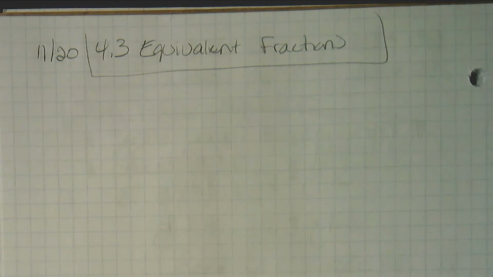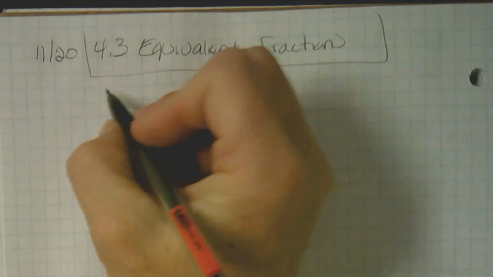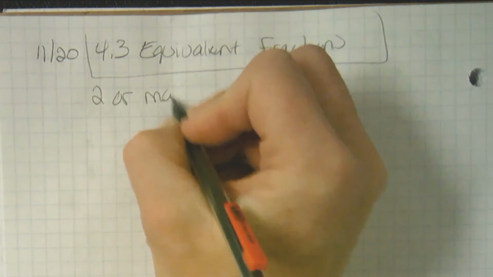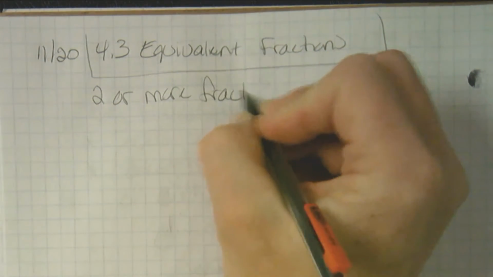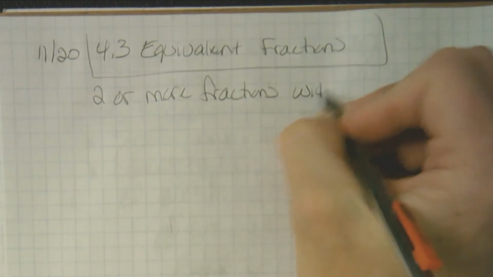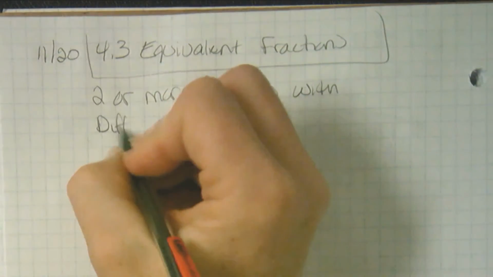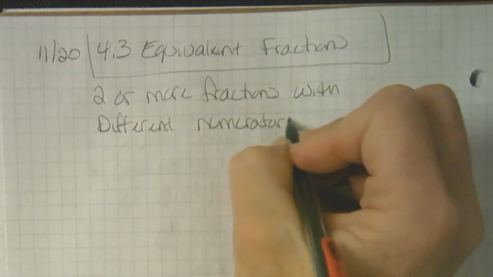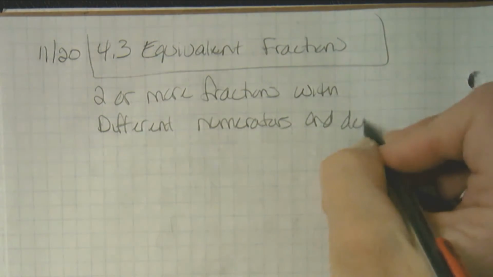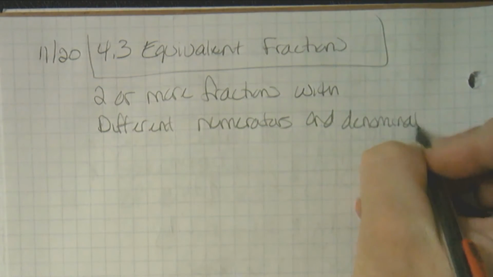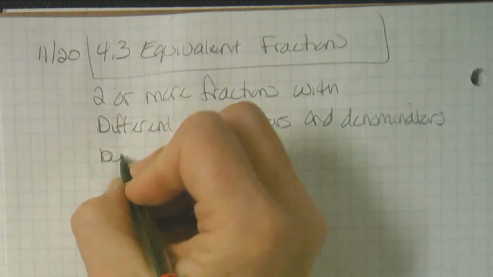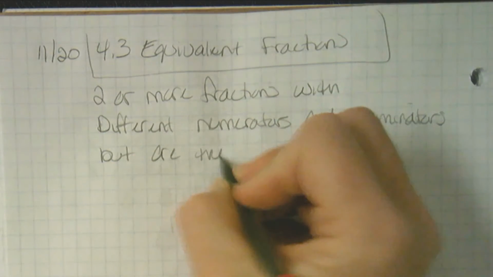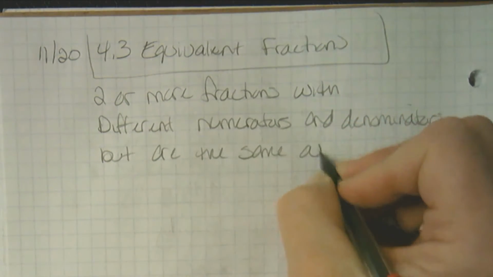All right, so when we talk about equivalent fractions, what that means is two or more fractions with different numerators and denominators, but are the same overall value.